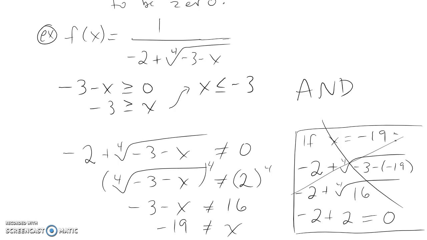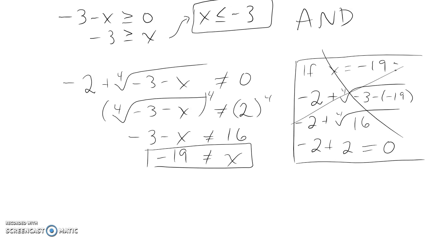Okay, so now we have two conditions on the domain of our function f of x. Let's put them together in a domain statement. The domain of f has to be less than or equal to negative 3, but it can't equal negative 19.